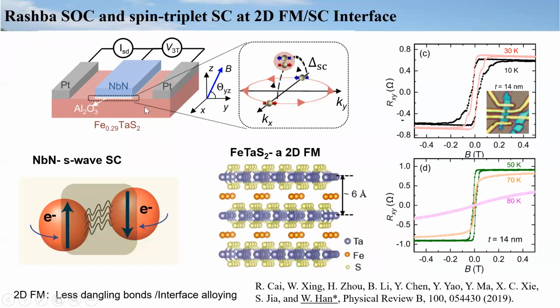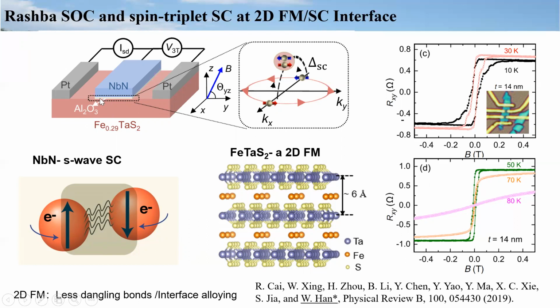This is how we fabricate the device and measure it to probe this spin triplet superconductivity at the interface. The material we use for the superconductor is NbN, niobium nitride. The ferromagnet material we use is 2D Fe3GeTe2, a 2D layered material.